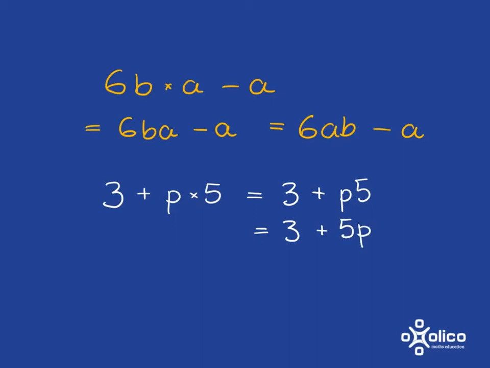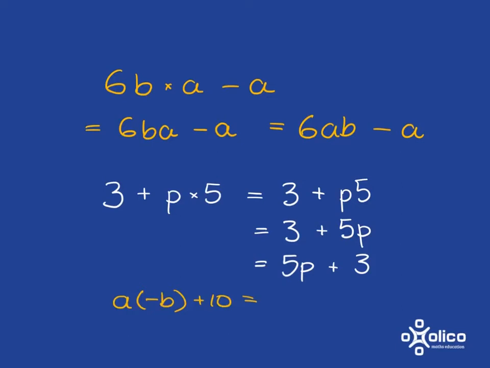So we'd rather write it as 3 plus 5p. And more often than not, we will start off with the terms that have got letters in them before we write numbers. So none of these are wrong. These are perfectly decent. But this is the most conventional way to express it.